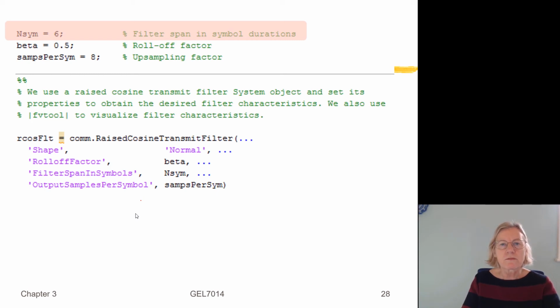So first, before we talk about delay, we'll talk about what is the truncation that we're going to introduce for our pulse. Because I said this is not a causal pulse. It's supposed to go from minus infinity to infinity, but in order to actually have a realizable pulse, what we're going to do is truncate it.